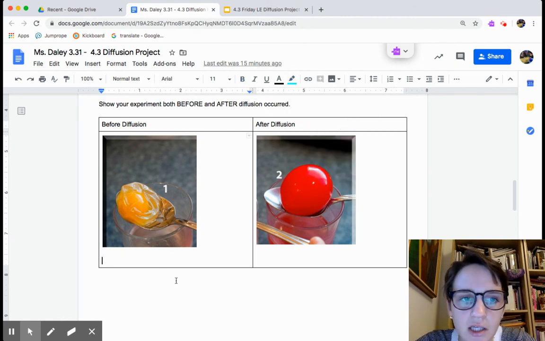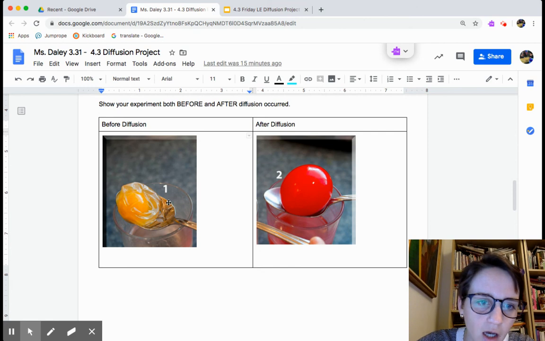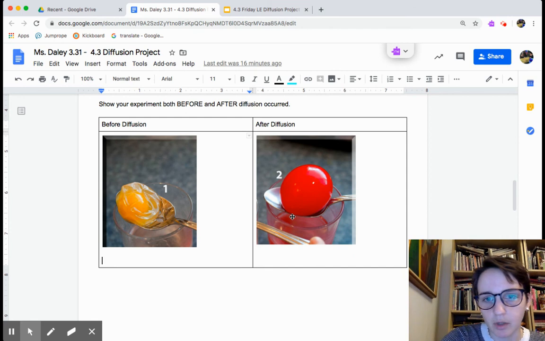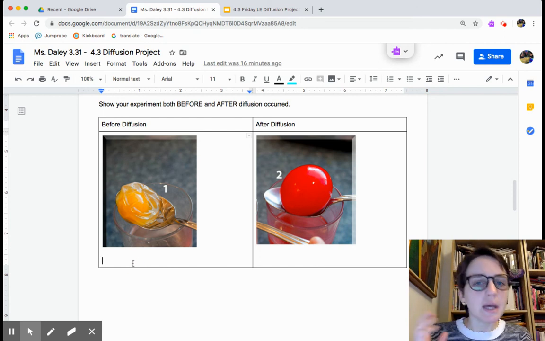Okay, so does my model show diffusion? Does it show particles moving in? So I have an egg here. I took the shell off using vinegar, and then I placed it into some red dyed water. And the water from the red water is diffusing into the membrane of the egg. So these picture 1 and picture 2 are actually the same egg.